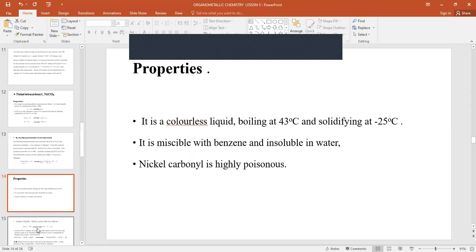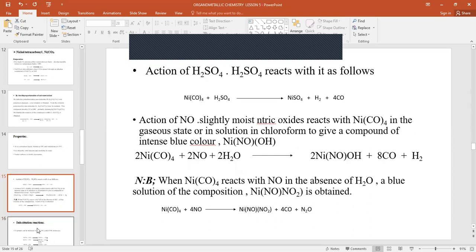Nickel carbonyl is highly poisonous, and it reacts with sulfuric acid to produce nickel sulfate. So nickel tetracarbonyl plus sulfuric acid gives rise to the formation of nickel sulfate plus hydrogen and carbon monoxide.